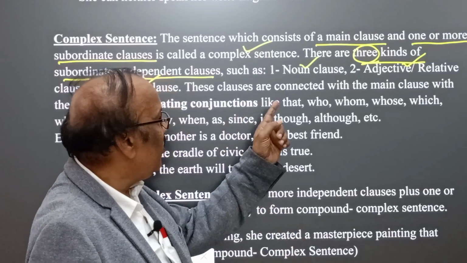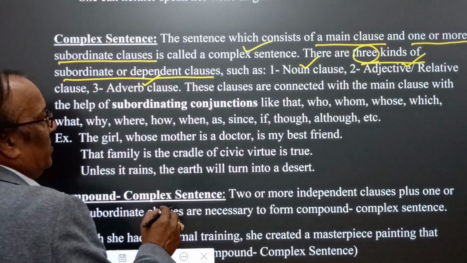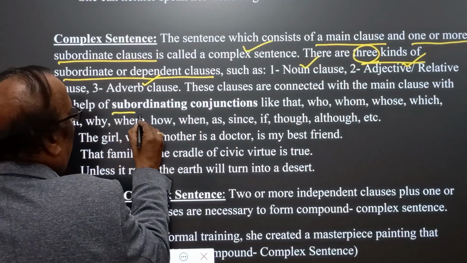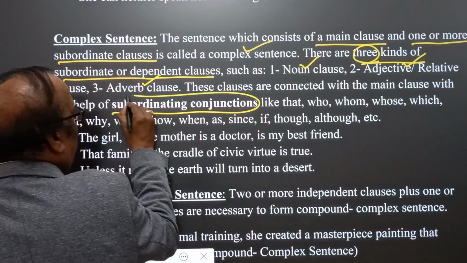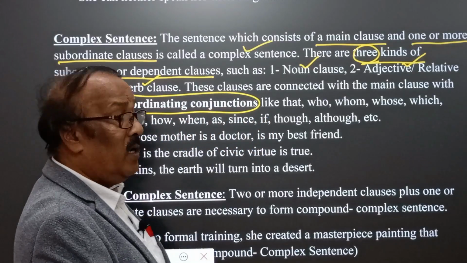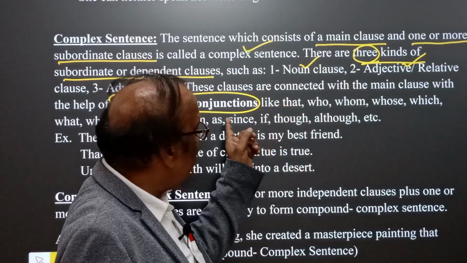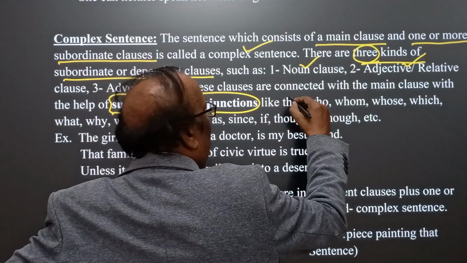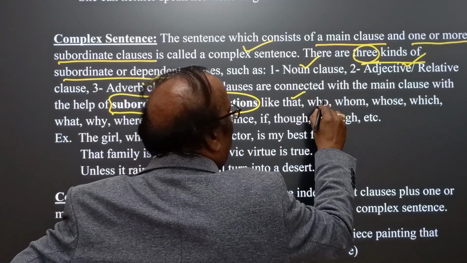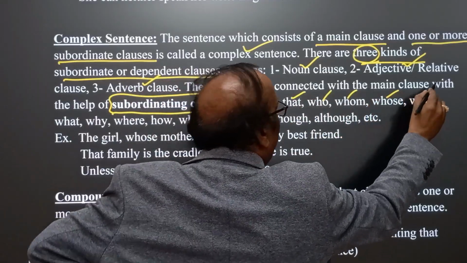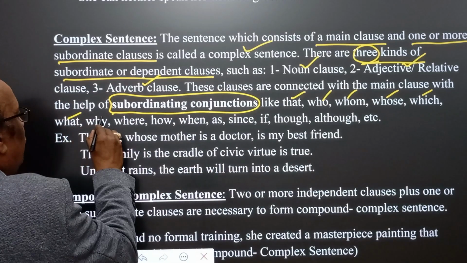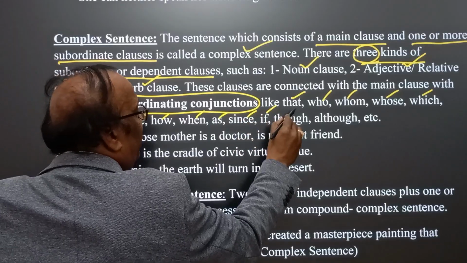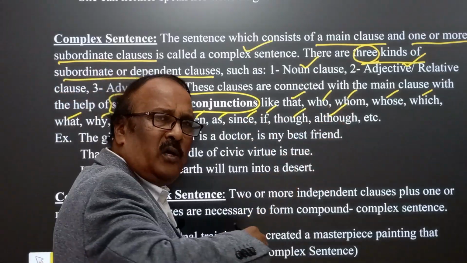Now come to the matter of how these clauses are connected with the main clause with the help of subordinating conjunctions. Yes, this is very important. Here, subordinating conjunctions are like who, whom, whose, which, what, why, where, how, when, as, since, if, though, although, and so on.